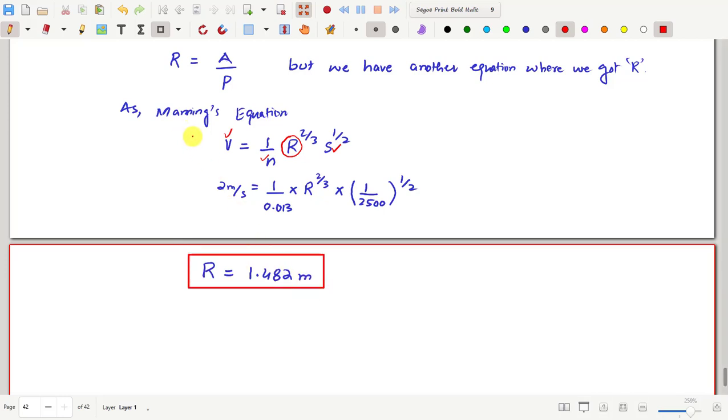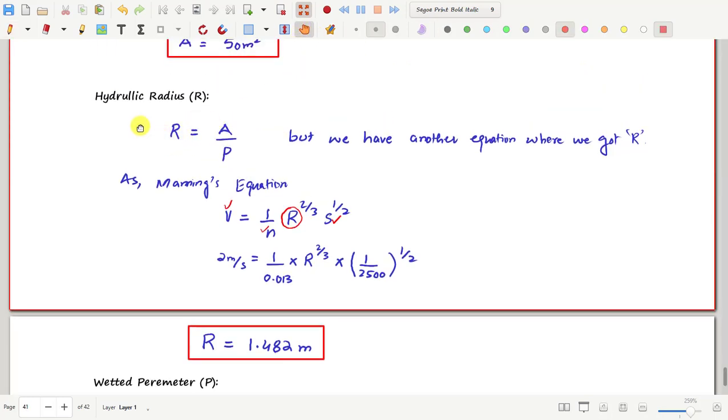And now the next thing is to find the wetted parameter, which is P. As we have mentioned the equation for hydraulic radius here, can we use this equation to find out the wetted parameter, because we already got the value of A and R?